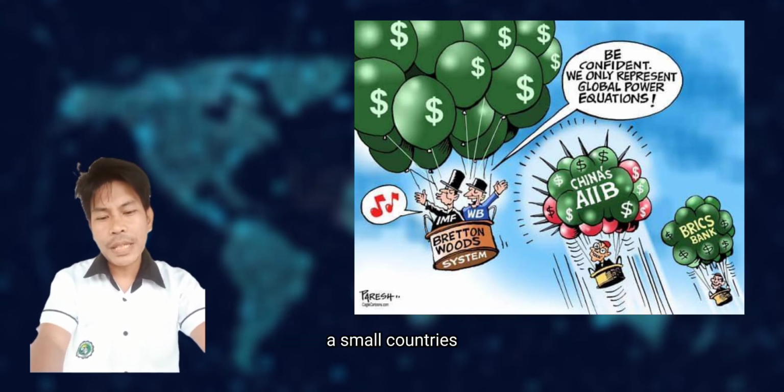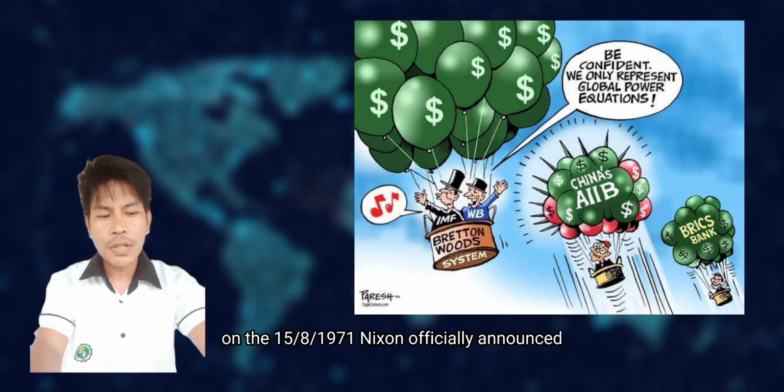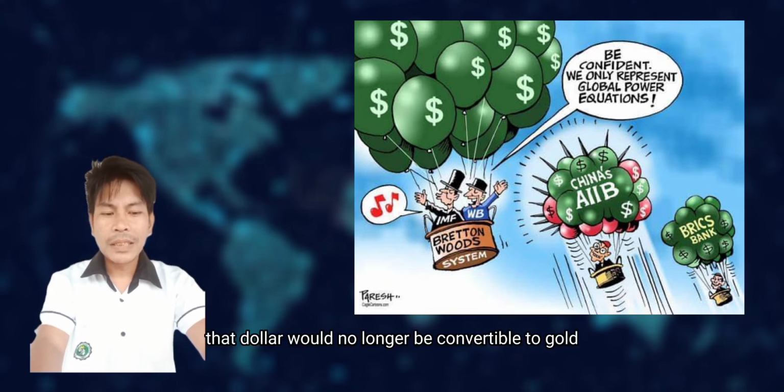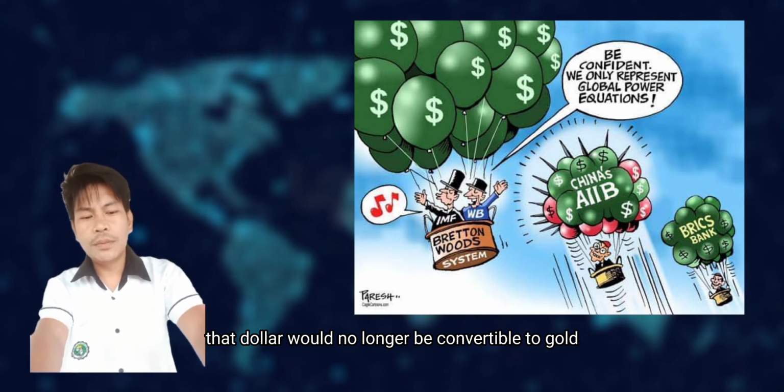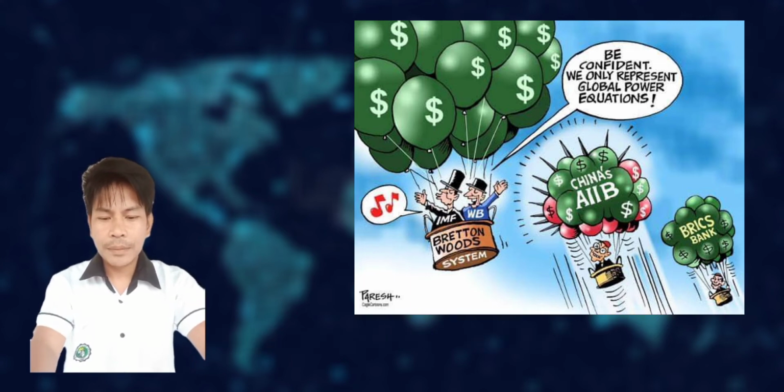As more countries demanded gold in exchange for their dollars, on the 15th of August 1971, Nixon officially announced that the dollar would no longer be convertible to gold, thereby putting the Bretton Woods system to an end.